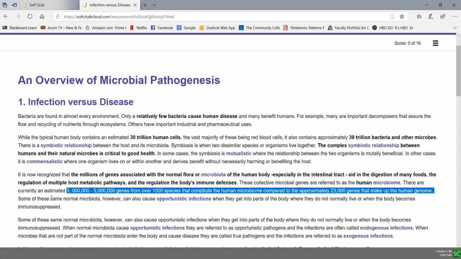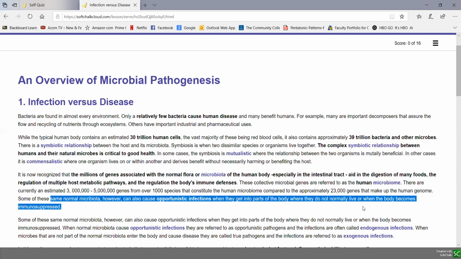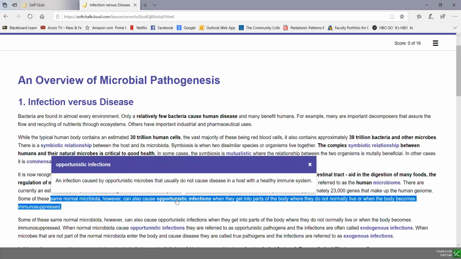So some of these normal microbiota can also cause opportunistic infections when they get into the parts of the body where they don't normally live, or when the body becomes immunosuppressed. An opportunistic infection is an infection caused by opportunistic microbes that usually do not cause disease in a host with a healthy immune system, unless they get somewhere in the body where they shouldn't be, or unless the body becomes immunosuppressed.